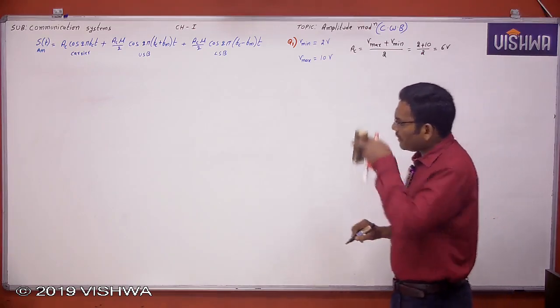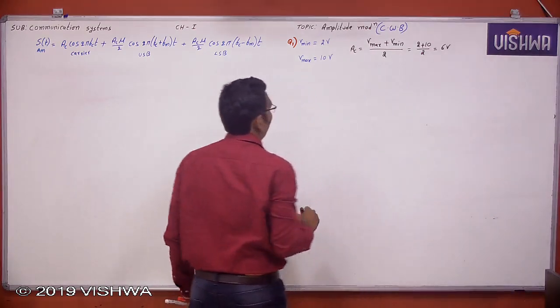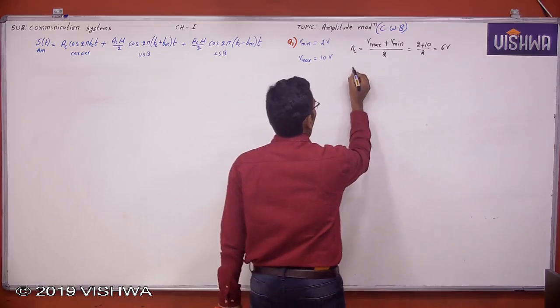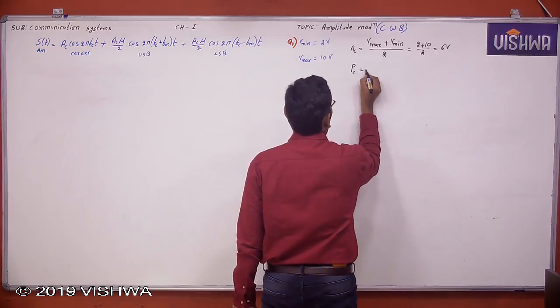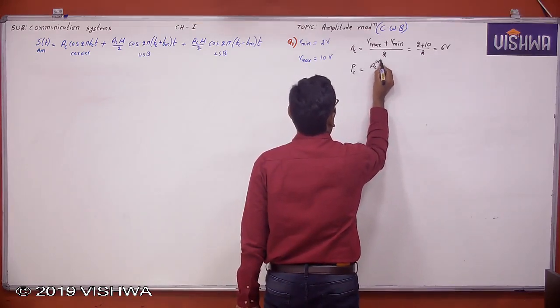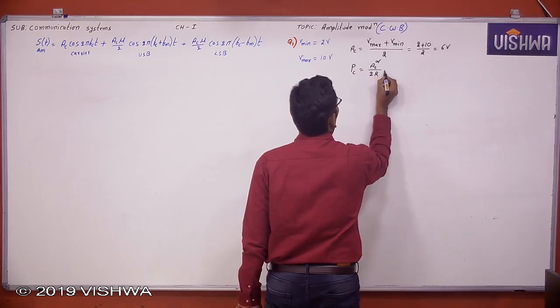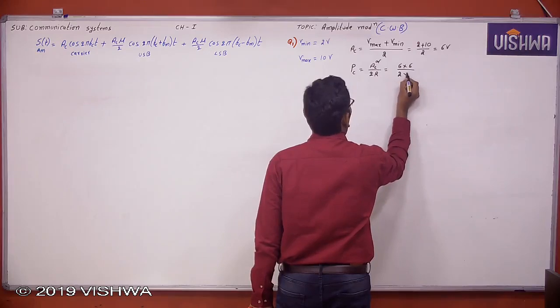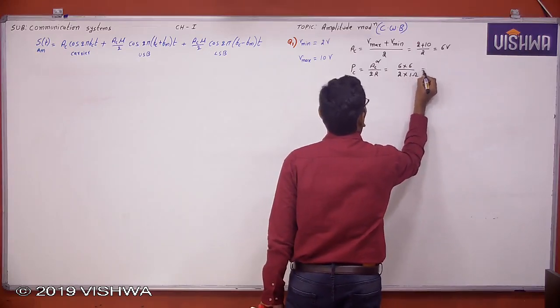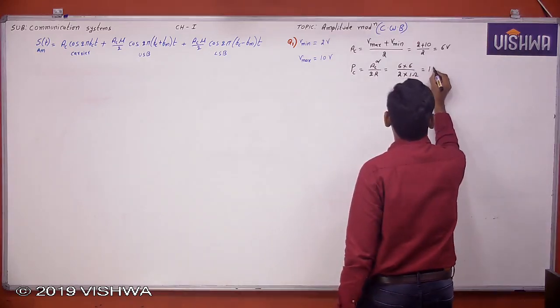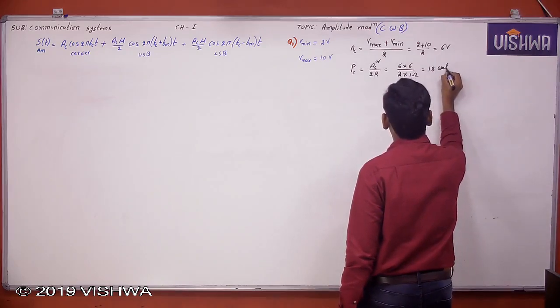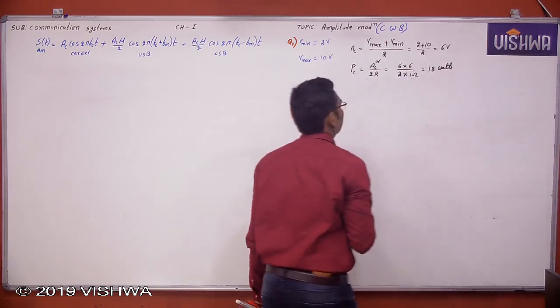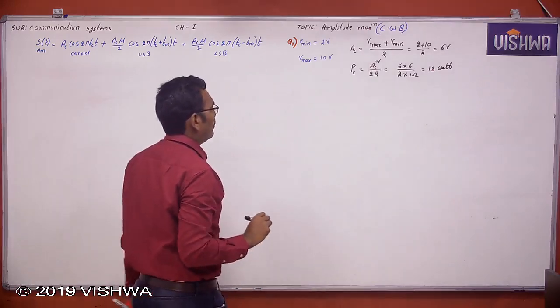This is the carrier amplitude. The carrier power Pc is Ac square by 2R, which is 6 into 6 by 2, with R as 1 ohm, which is equal to 18 watts. This is the carrier power.